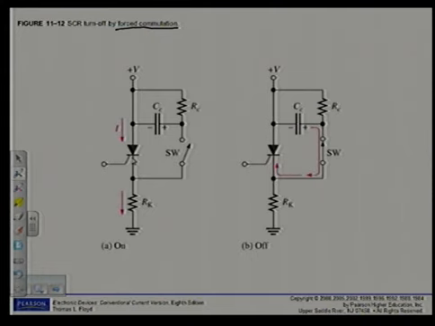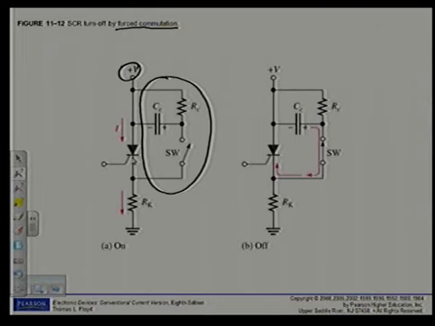Alright, how does it work? You can see here I've got some circuitry included in parallel to my SCR device, the switch again with the SCR device. And what happens is my capacitor charges from the supply voltage, whatever the voltage may be.